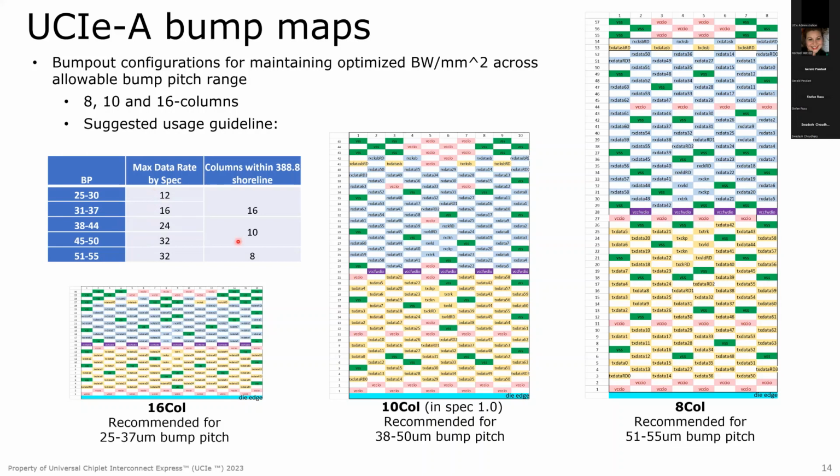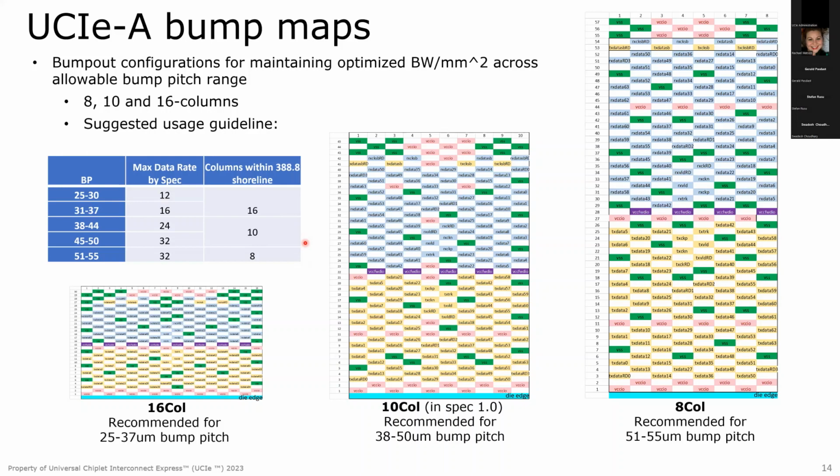already in the specification. And also, as the bump pitch changes across this fairly wide range of 25 to 55, you'll want to have the flexibility of different bump maps, but supported bump maps, to give you the ability to make sure that you're doing it correctly and you can interoperate between any flavor of bump map.